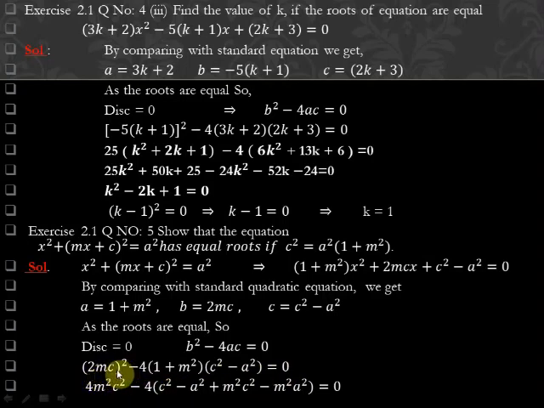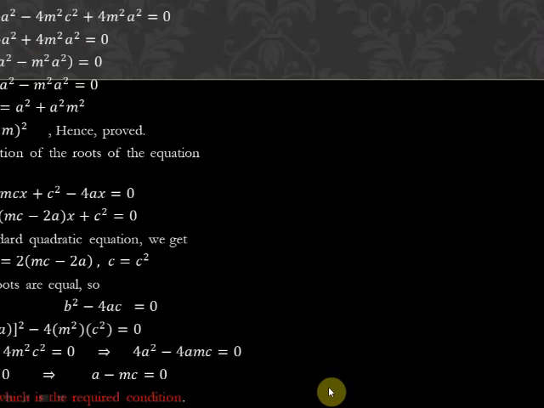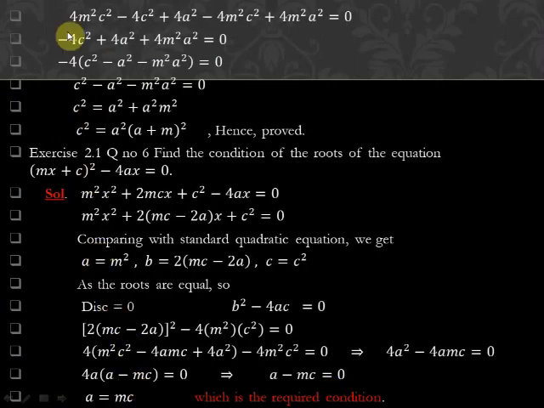We take the square of 2mc: 4m²c² − 4 into, on multiplying these two values, (c² − a² + m²c² − m²a²) = 0. Now the statement becomes, on simplification, 4m²c² − 4c² + 4a² − 4m²c² + 4m²a² = 0.